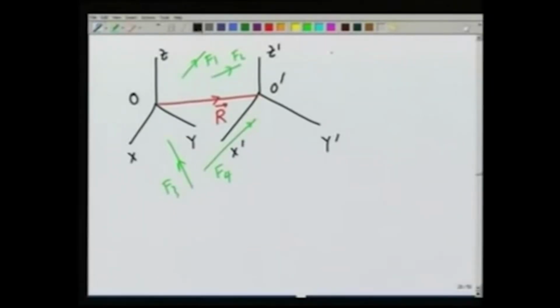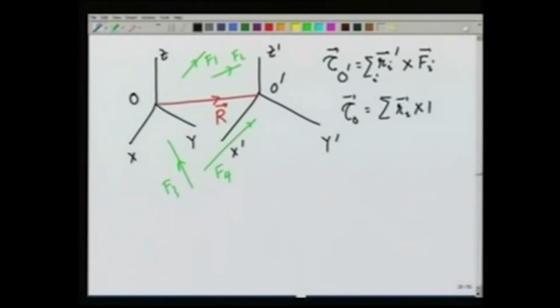Then the torque about O prime is going to be equal to the summation over i of R i prime cross F i, and the torque about O is going to be the summation of R i cross F i, where R i and R i prime I take to be vectors. Let me draw them in blue, touching at the same point.